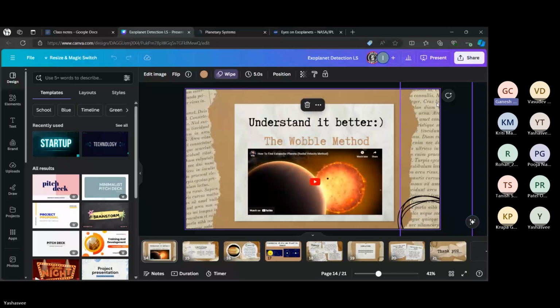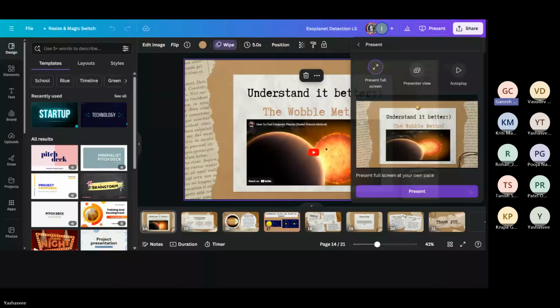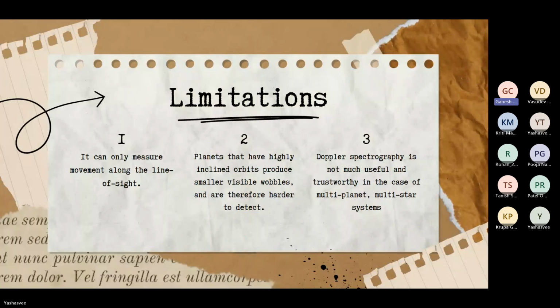We'll be covering this technique and the other techniques too in more detail and using real life data so that we can learn the technique thoroughly in the exoplanet detection modules. So you can refer from there. Moving forward, obviously, being an indirect method, it comes with some limitations. So here they are.